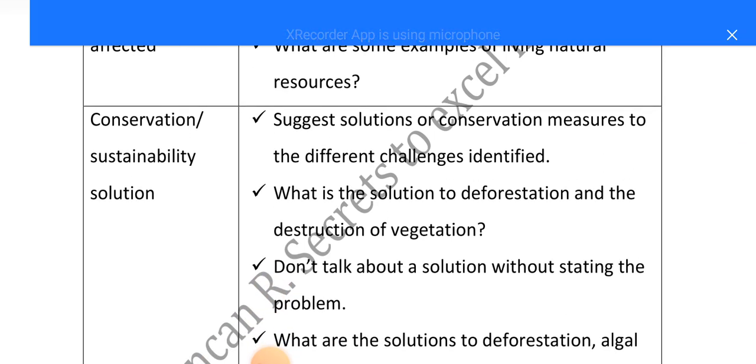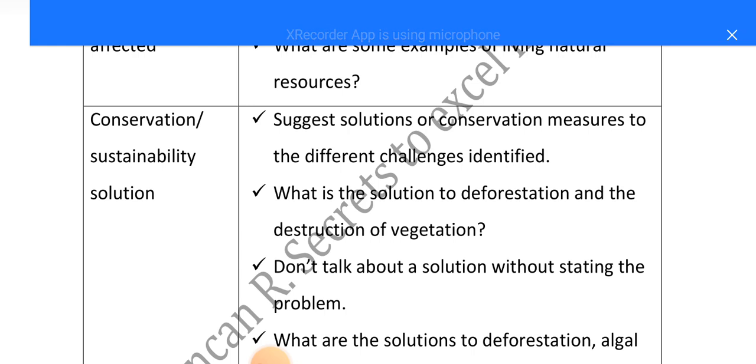Now that is part A. They will ask you to identify or explain the challenges that the community is going through. Then the other part which comes is how to address. And when you are addressing, first of all, you have to address only the problems you have identified in the scenario.